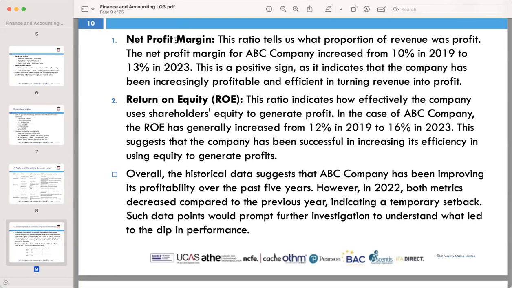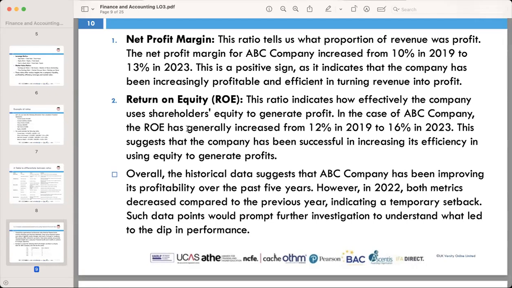Like for ABC company, the net profit margin increased from 10% in 2019 to 13% in 2023. This is a positive indication, suggesting that the company has become more profitable and efficient in converting its revenue into profit.